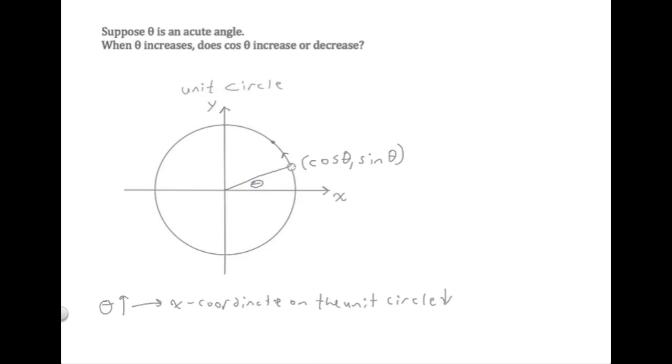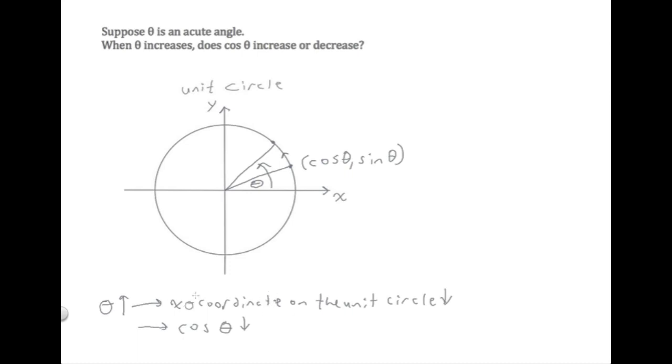When we increase theta from here to this bigger angle, the x-coordinate decreases. And doesn't that mean that the cosine will decrease? Because the x-coordinate, the cosine is the x-coordinate.